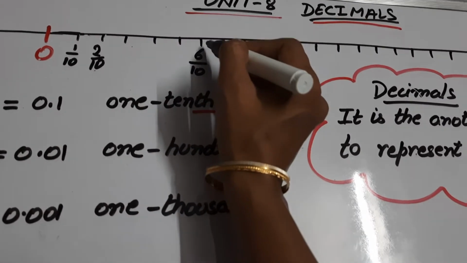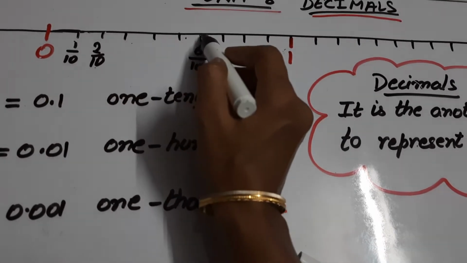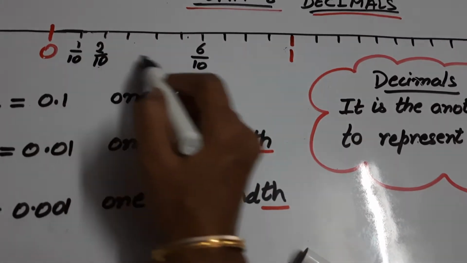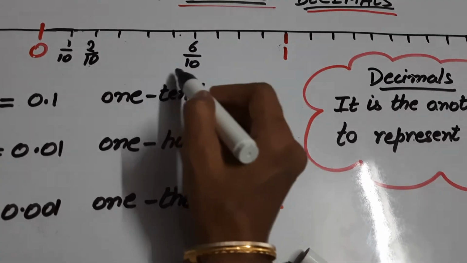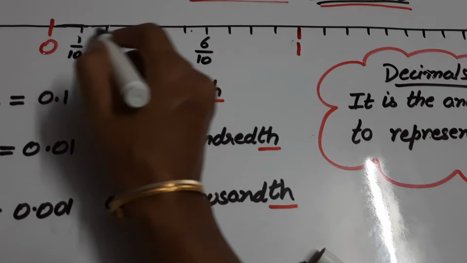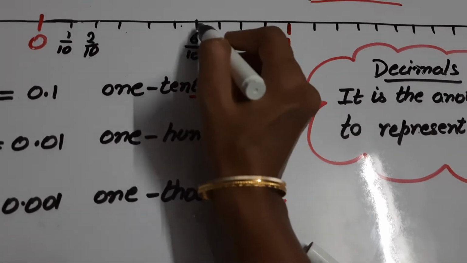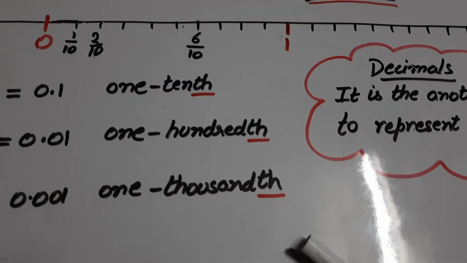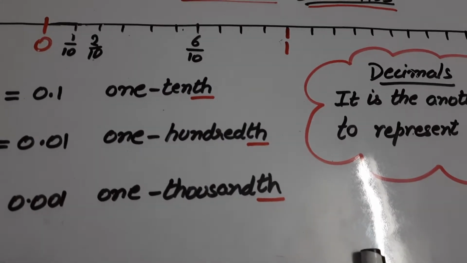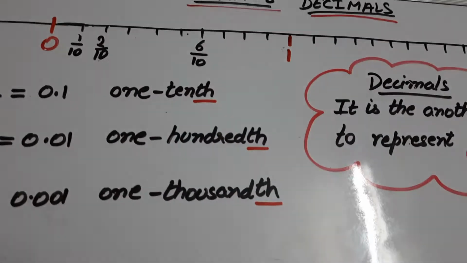Similarly, if we count 1, 2, 3, 4, 5, 6, it is out of 10 divisions. The total number of divisions is always written in the denominator, and out of these 10 divisions, this particular division represents the 6th part of this 1 unit.